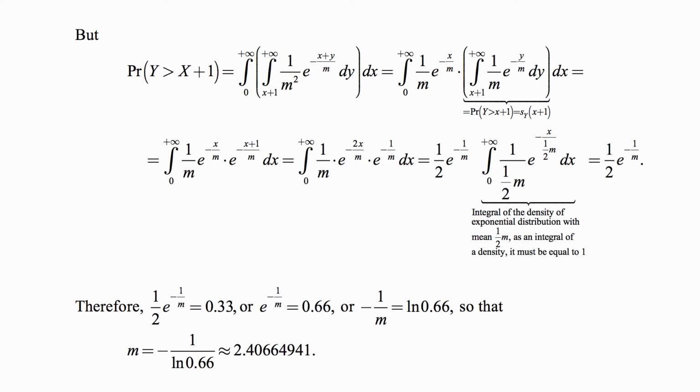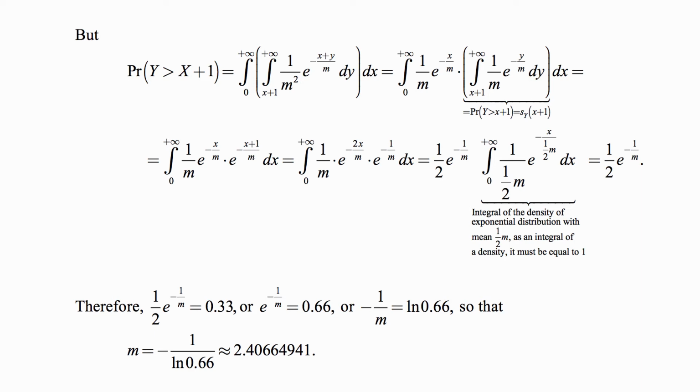So e to the minus x plus 1 over m is that integral in parentheses, while we put the terms involving x in front of it, so it's 1 over m times e to the minus x over m. So we calculated this integral, and now we have the integral from 0 to plus infinity of 1 over m times e to the minus x over m times e to the minus the quantity x plus 1 over m.